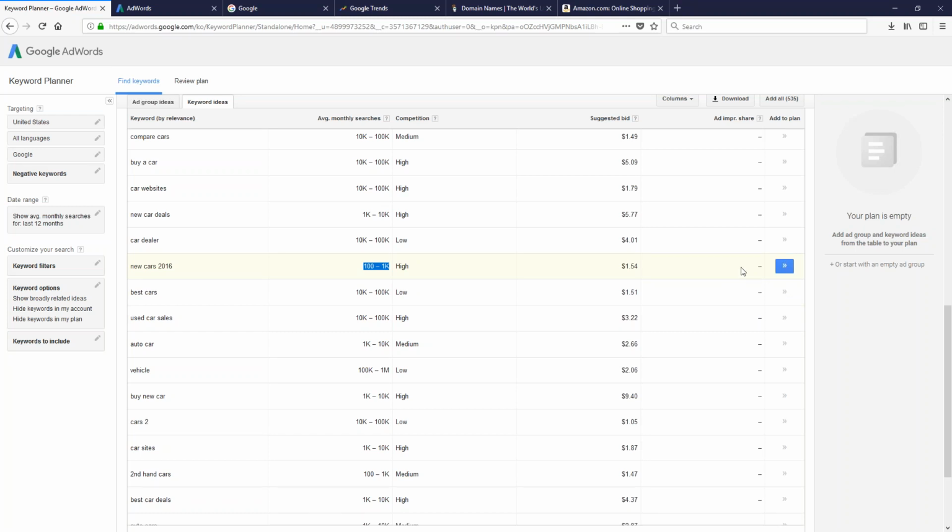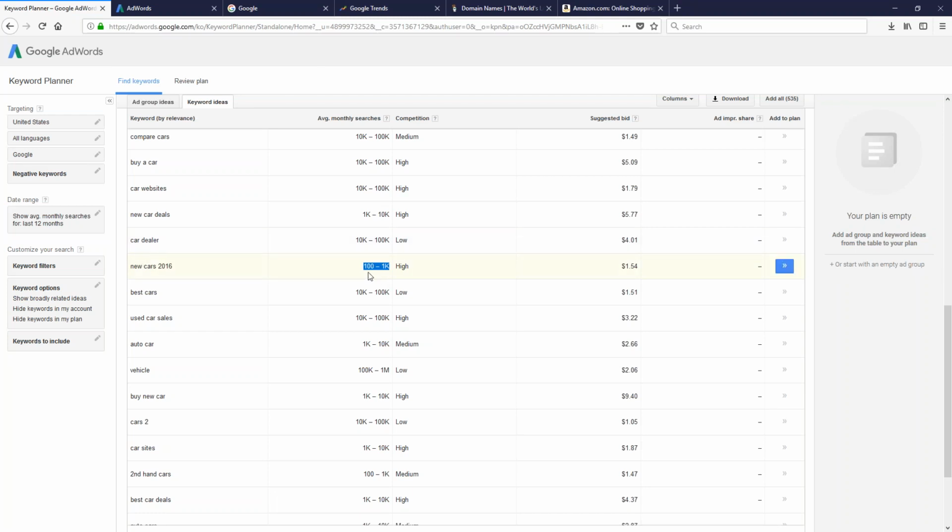However, there are some other ways that you can still get some data out of this besides these ranges and without running any kind of advertising on Google AdWords. And that's actually to kind of pretend like you might be thinking about setting up a campaign. And you would do that by collecting keywords onto a plan, which then you would set up an advertising campaign for.